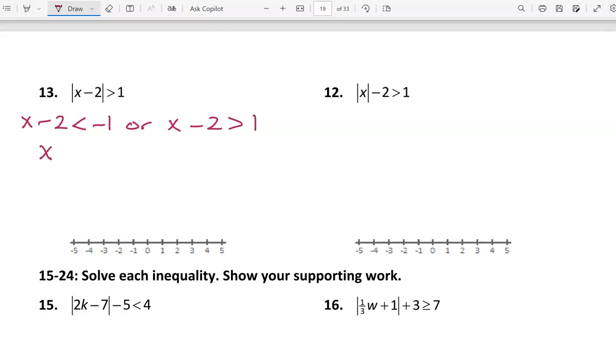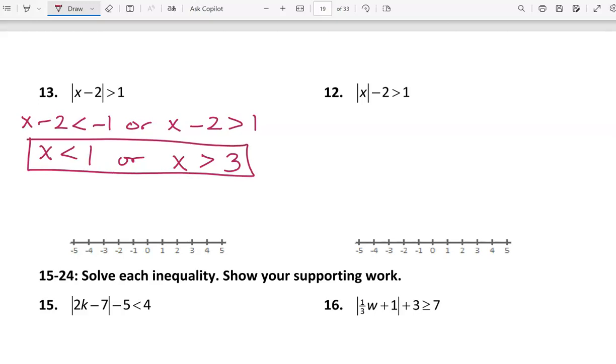We need to solve each of these inequalities separately, and we'll get x is less than 1 or x is greater than 3 is the solution set, and graphed on a number line, that looks like this, a disjoint set when we say it with or.